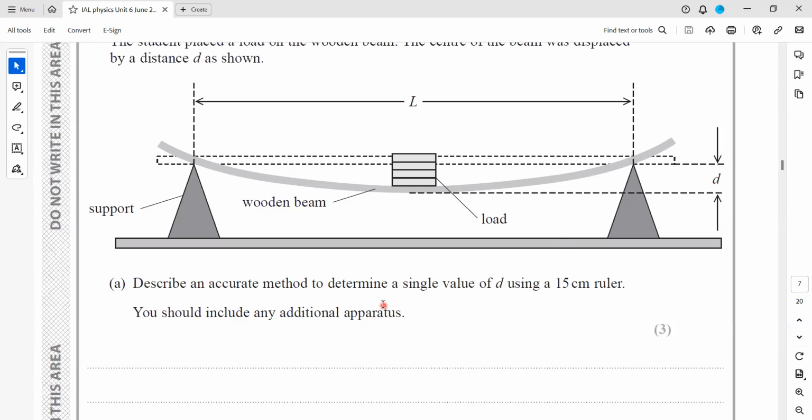Describe an accurate method to determine a single value of d by using a 15 centimeter scale ruler. You should include any additional apparatus.